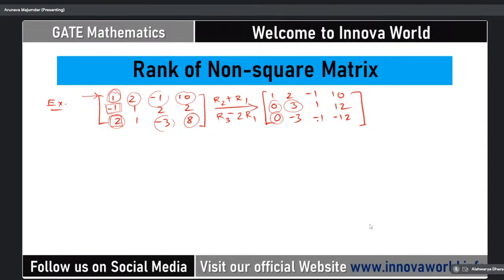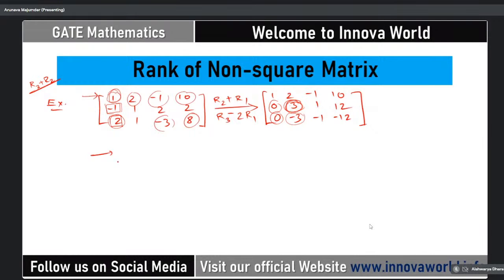Automatically all the elements of row 3 will be 0 here, because actually our target is to make this element 0. So this element will automatically be 0 if we simply do the operation R3 plus R2. But still, since we are going according to the rules, you can see this element is 3, so we can change it to 1.